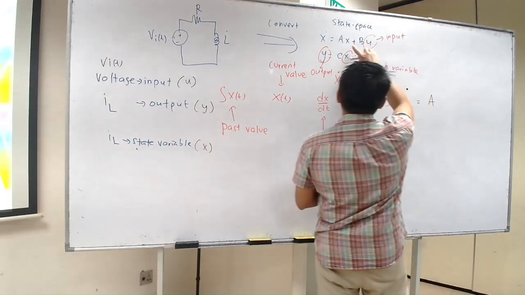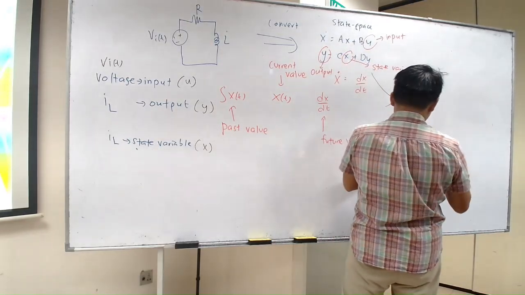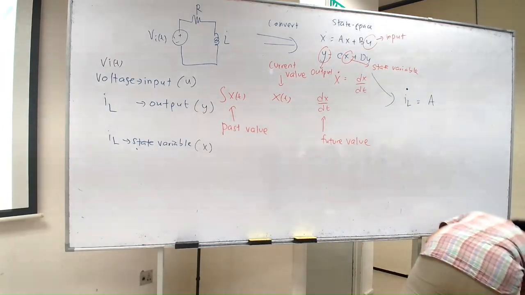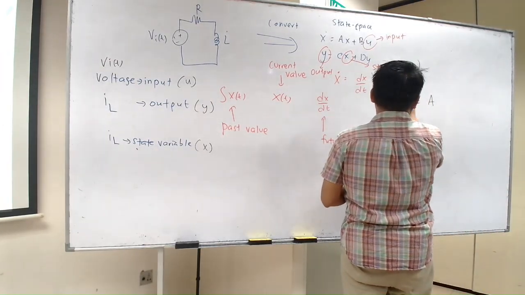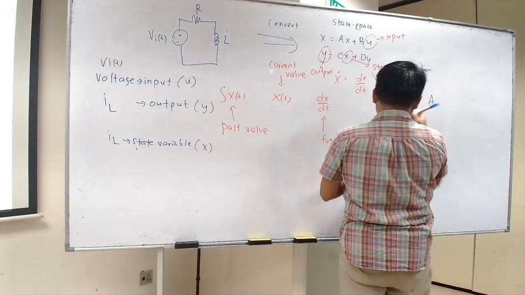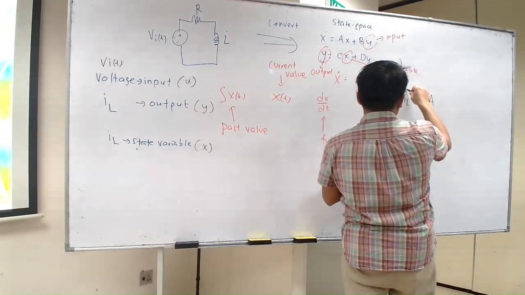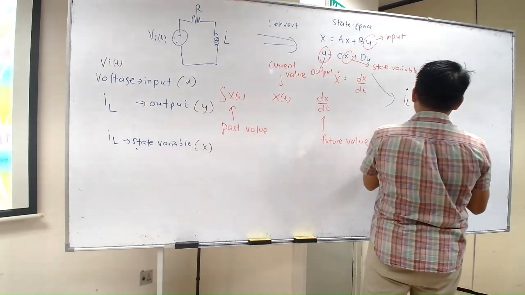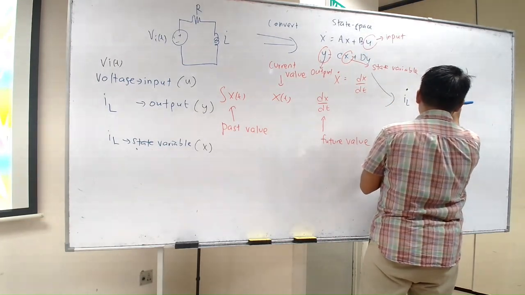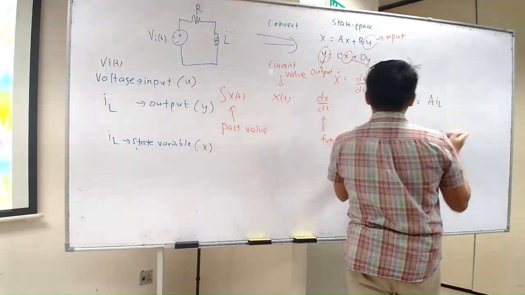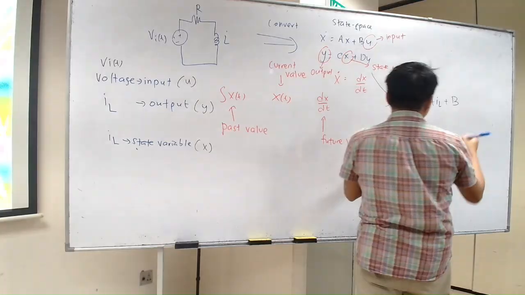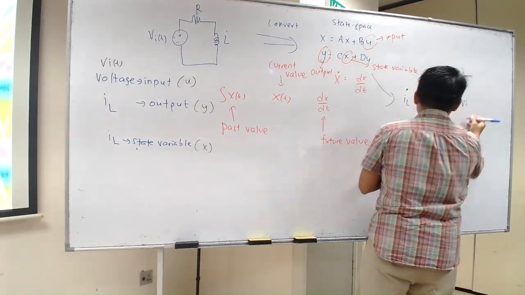A, the X is IL, right? IL dot equal to A, the X is IL, plus with B, U equal to VI.